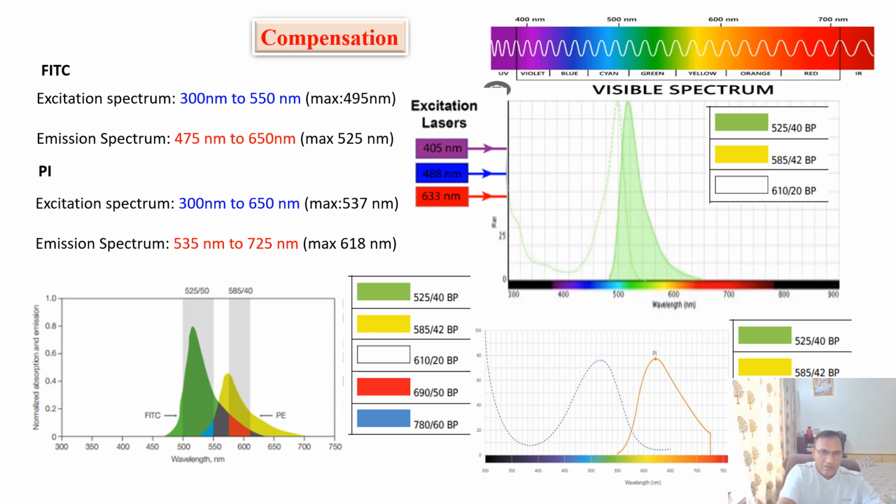We can compensate, which means we can adjust the filters so that the wavelength of light from one fluorophore does not fall into the other filter. So this is called compensation.